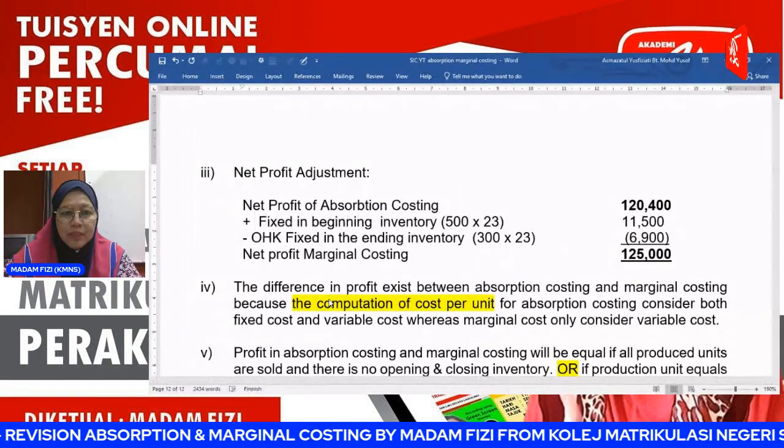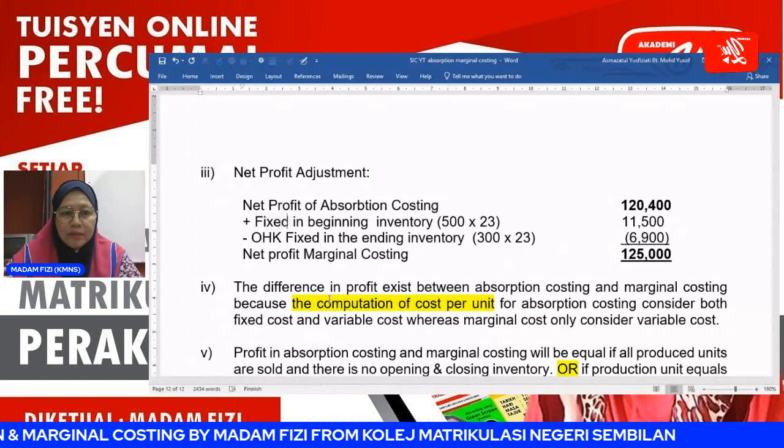Sekejap saya ubah sikit sini. Fixed overhead.